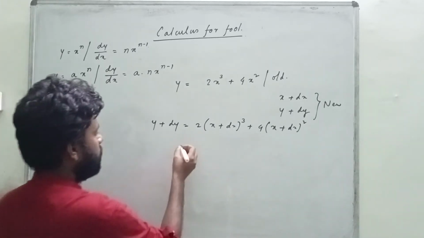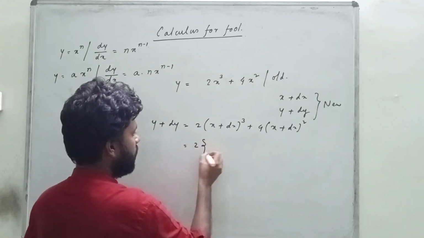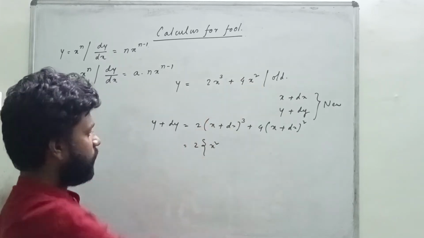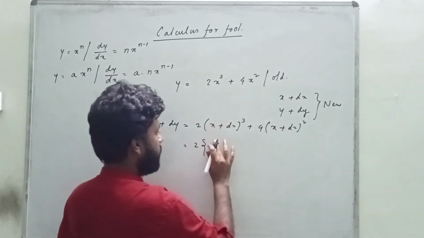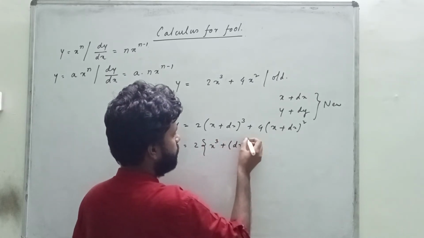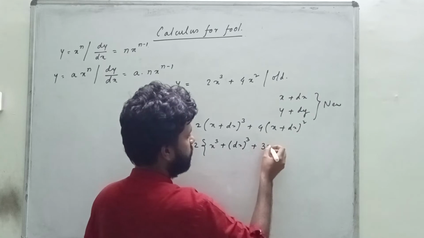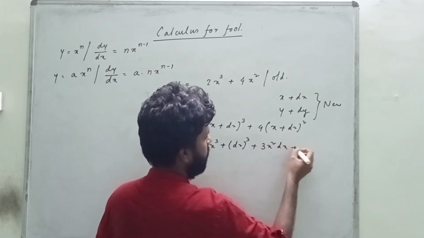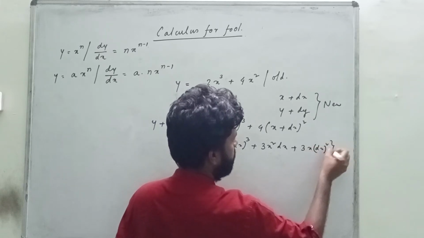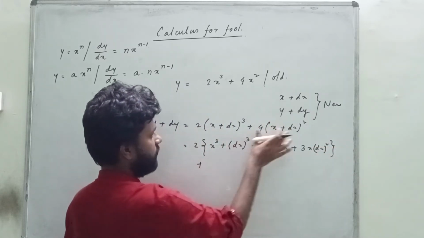Okay. So it is 2 times, a very simple formula, a plus b whole cube. It is x cube plus dx cube plus 3x squared dx plus 3x dx squared, right? And what is the second term?